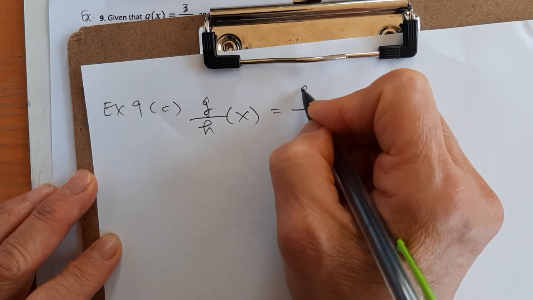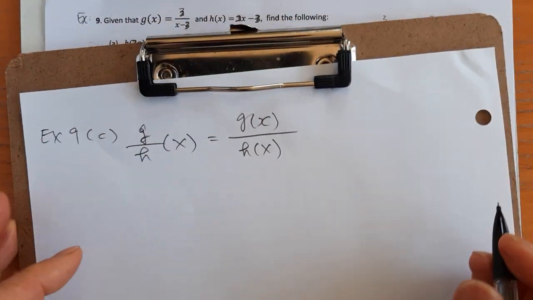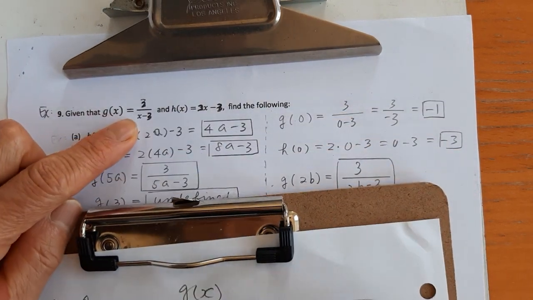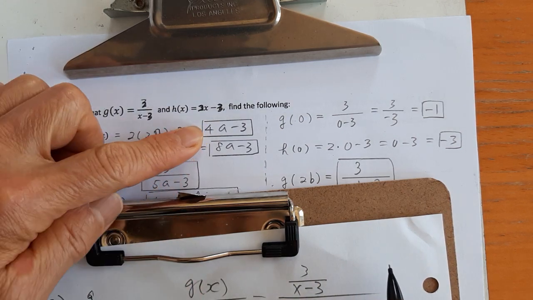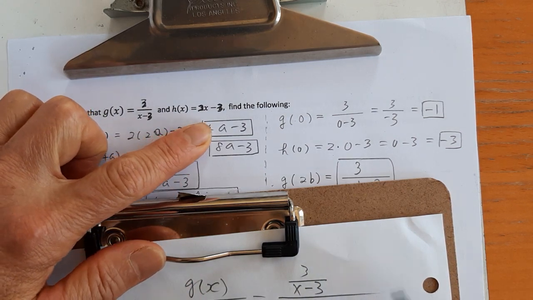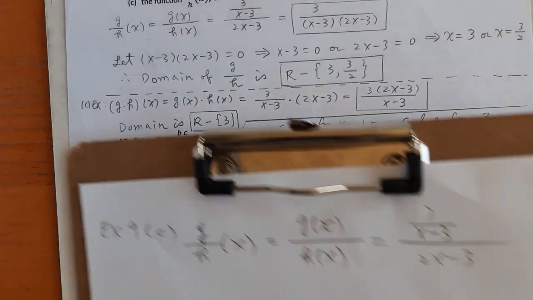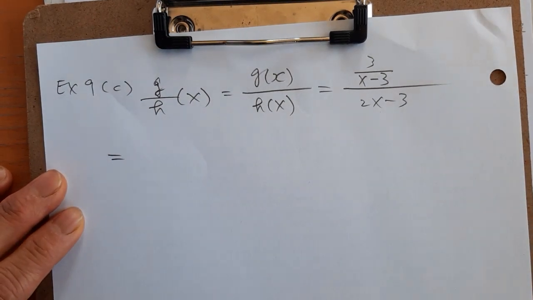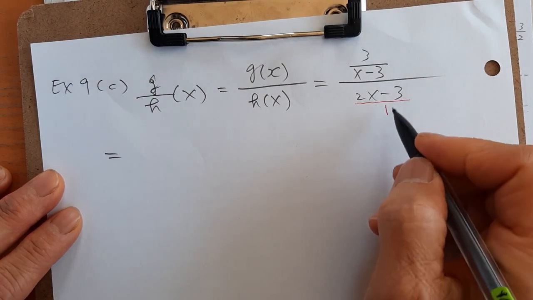This means the two functions divided, g of x over h of x. Now example here, g of x is 3 over x minus 3. h is 2x minus 3. Now you divide. 2x minus 3 put in fraction is 2x minus 3 over 1.